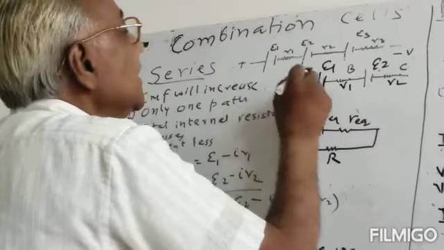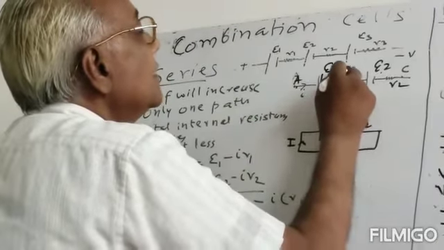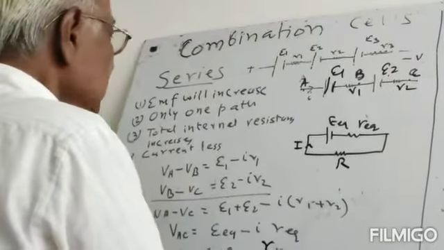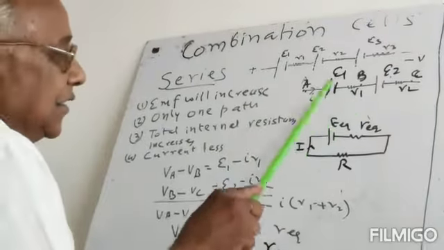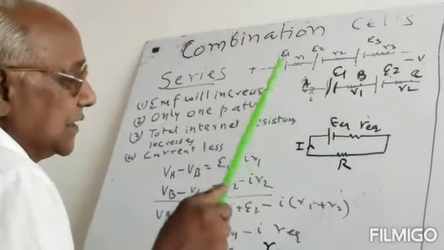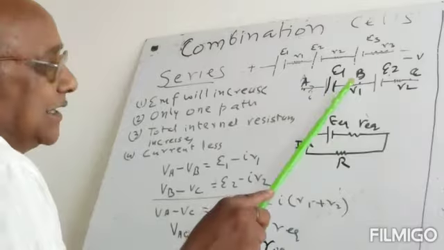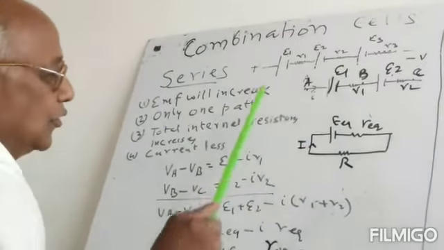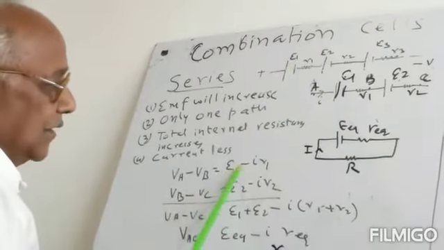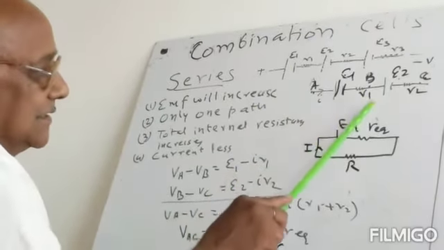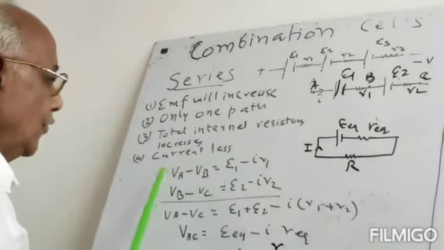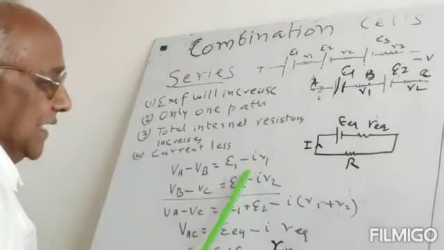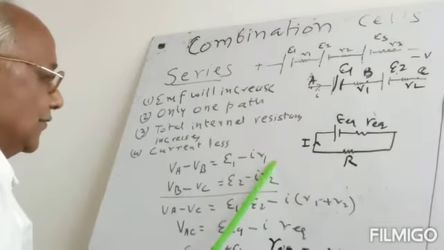Here this point is A, here the point is B, and here this point is C. Now for the potential difference between A and B, the current will flow from this, means the potential of A is more than that of B. So VA minus VB is equal to epsilon 1 minus I into R1.